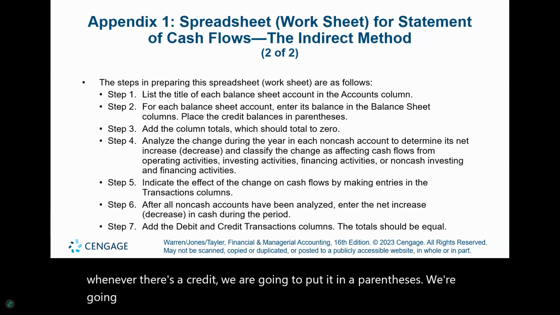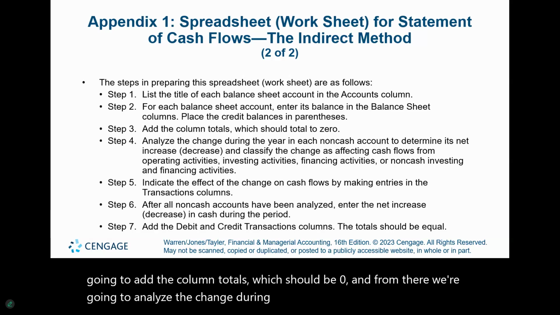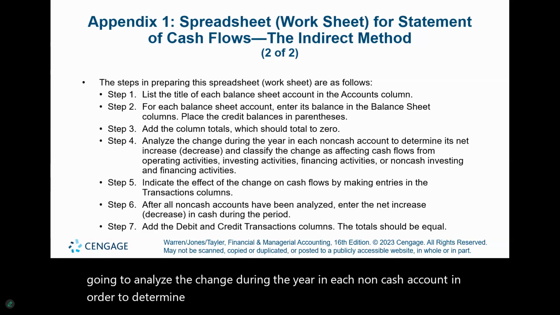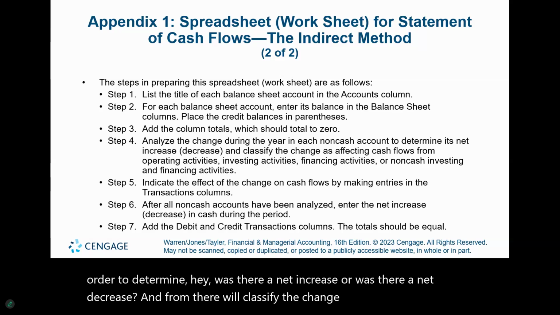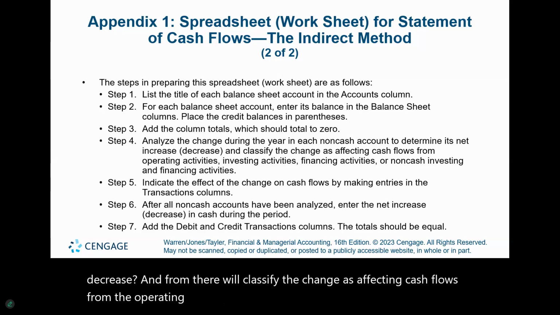We're going to add the column totals, which should be 0. And from there, we're going to analyze the change during the year in each non-cash account in order to determine, was there a net increase or a net decrease? And from there, we'll classify the change as affecting cash flows from operating, investing, financing, or the non-cash investing and financing activities. Move on to step 5.